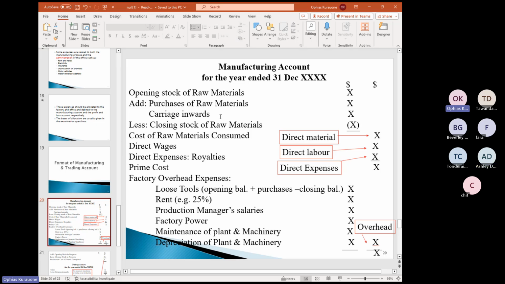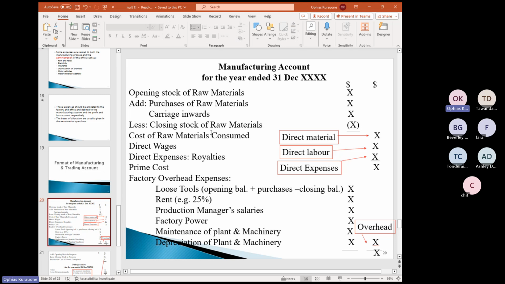Like what we do in our usual sole trader trading account: opening stock, add purchases, less closing stock.